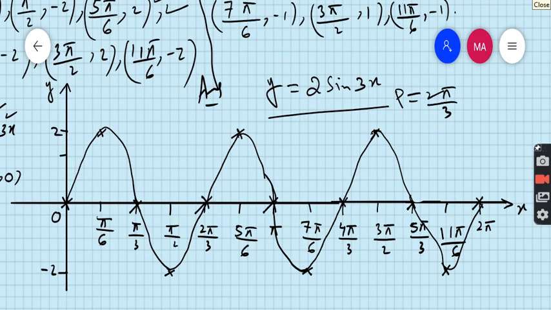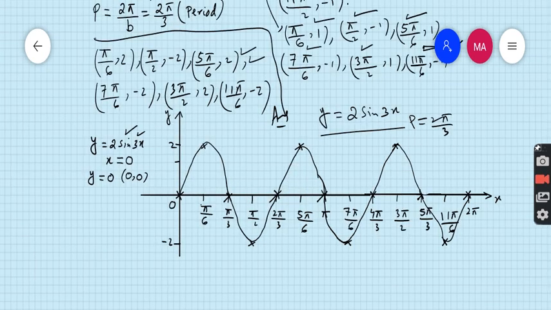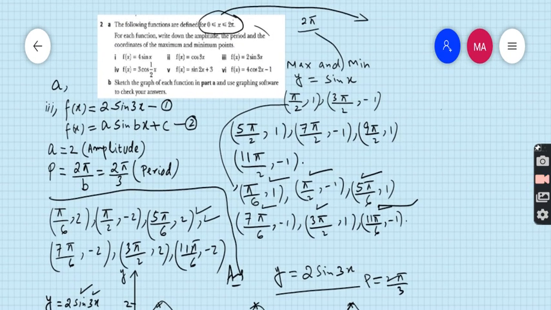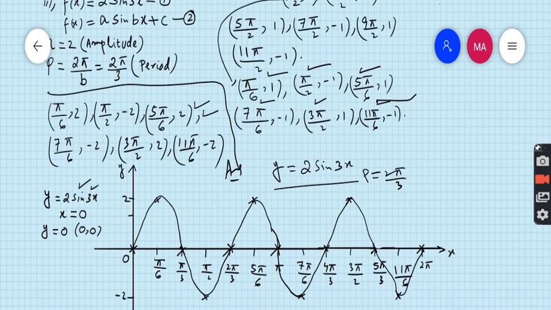I am repeating again, the graph is not as good as it should be, but this is the final working. So the requirement has been fulfilled. Here we go: the period, the amplitude, the coordinates of maximum and minimum points, sketching the graph, and verifying it by graphing software. All requirements have been fulfilled.